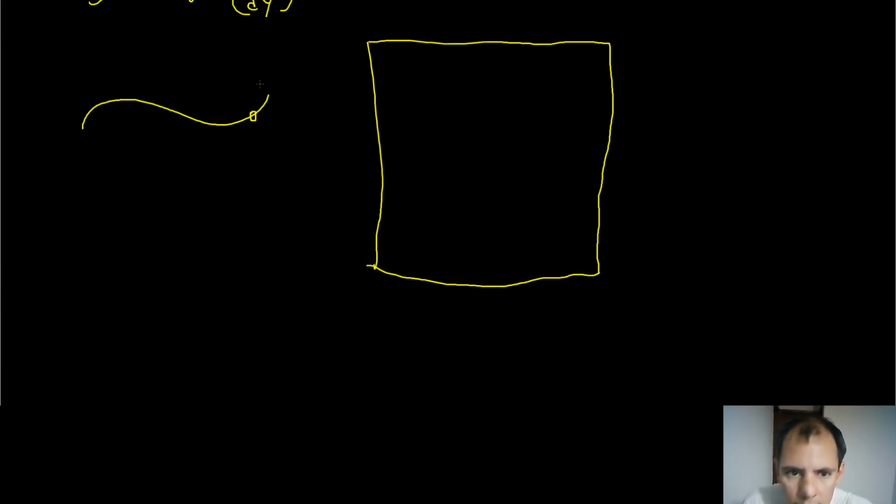Let me see if I can use another tool to do this. Kind of like here, it'll be almost like a straight line. It's going to approach a straight line, and as you zoom in more and more, this is going to approach more and more a straight line.